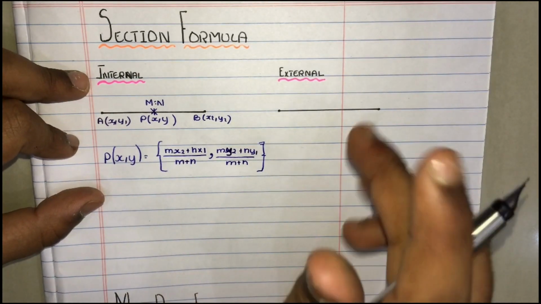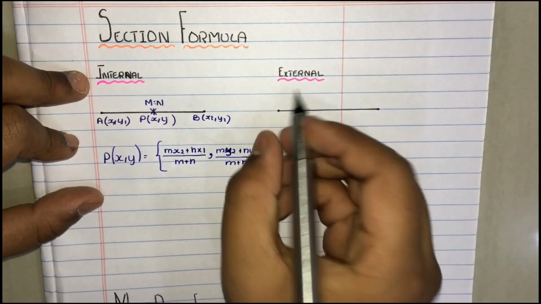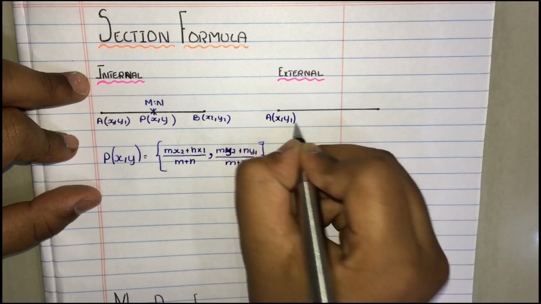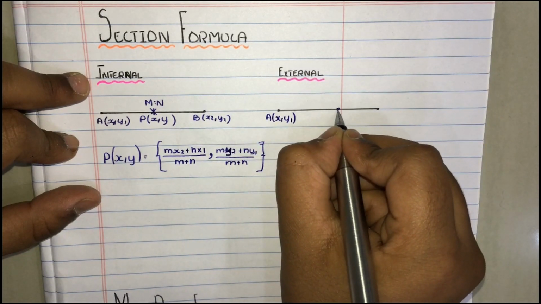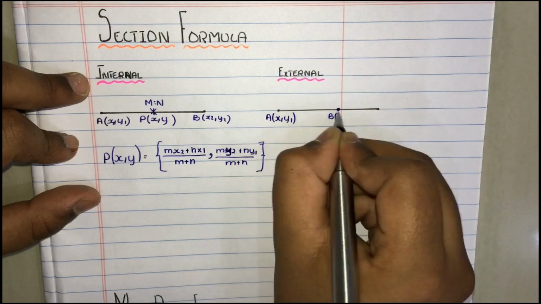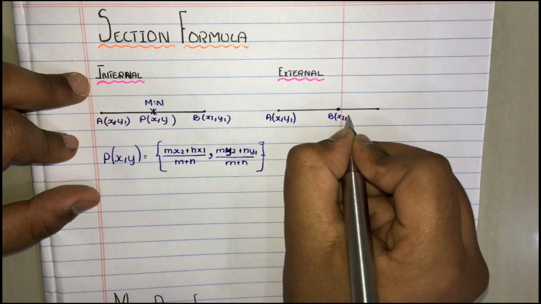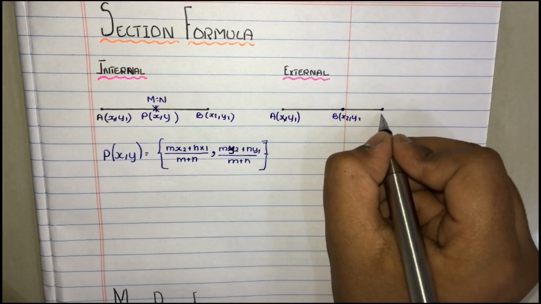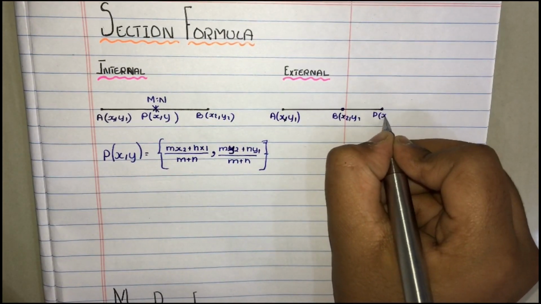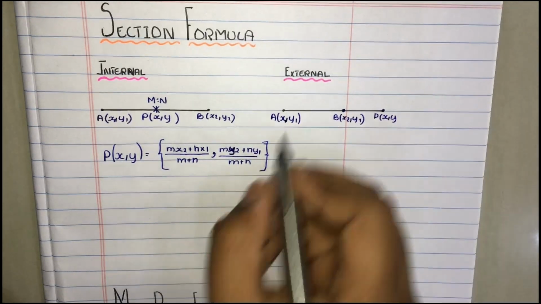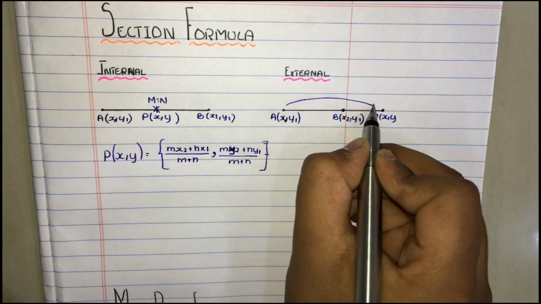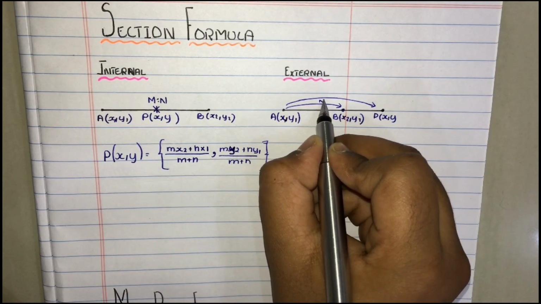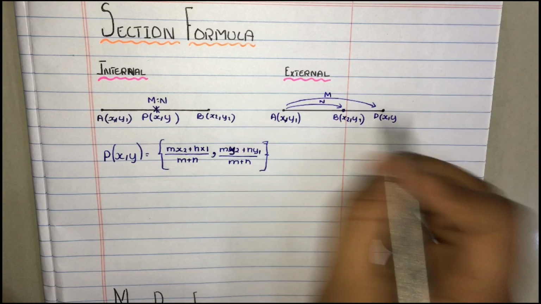Now what if the point lies externally? So again A, x1 comma y1, and here B, this is a line segment, okay, x2 comma y2. So this is a point here which lies externally, P x comma y. This is m and this is n. So now let's find the ratio.